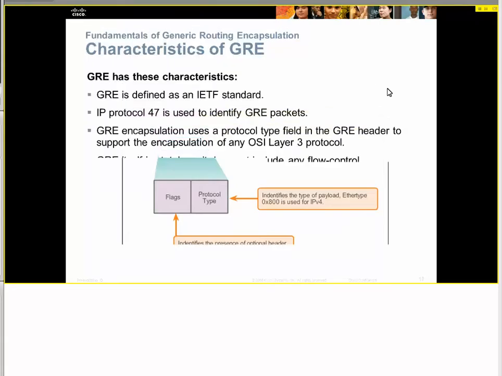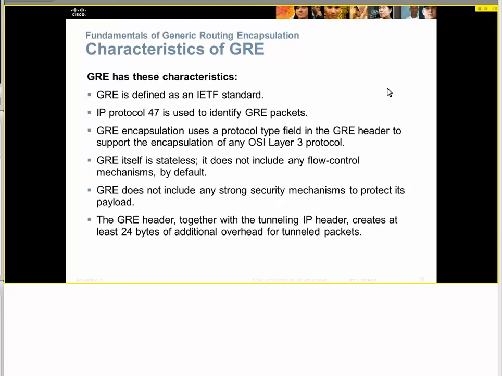So GRE has these following characteristics. Now remember, we're not talking about an encrypted tunnel yet. We're still talking about generic GRE, which is a re-encapsulation to build a tunnel but not encrypt the data going in.